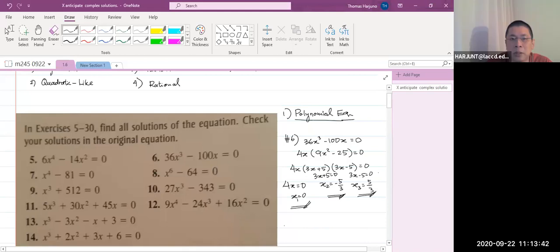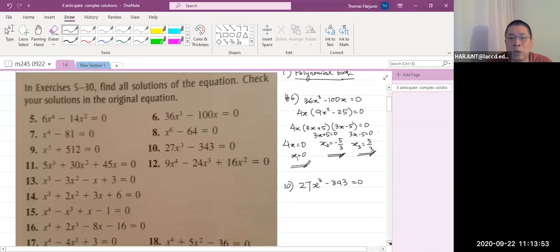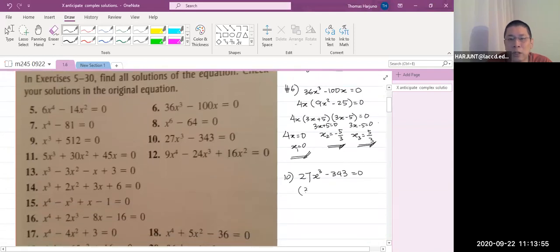Okay, number 10. 27x cubed minus 343 equals 0. We see that this is actually 3x to the power of 3, and this is 7 cubed.